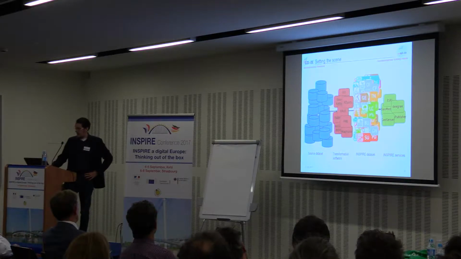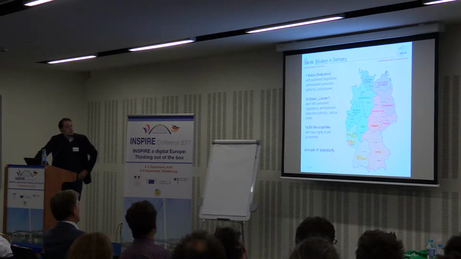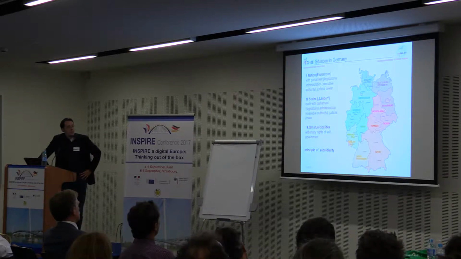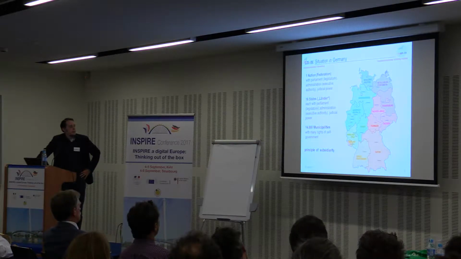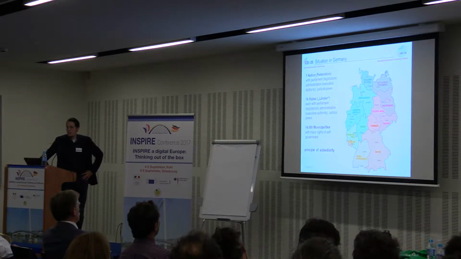Now remember the situation in Germany. We have a federal state, with one nation at the highest level in the hierarchy, with one parliament, one legislature, etc. And then we have 16 federal states or Bundesländer.